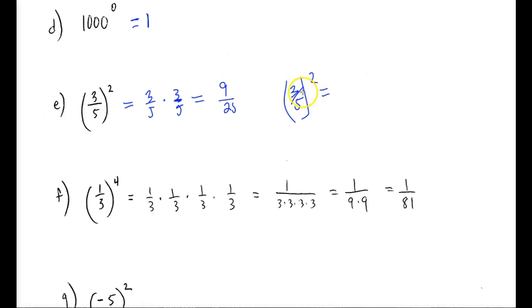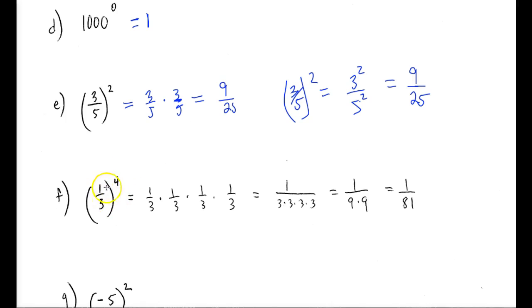We have an exponential rule that says when we have this situation, we can take both the numerator and the denominator and raise it to the same exponent. So in doing it that way, we see that 3 squared is 9 and 5 squared is 25. So we could have got the answer that way.